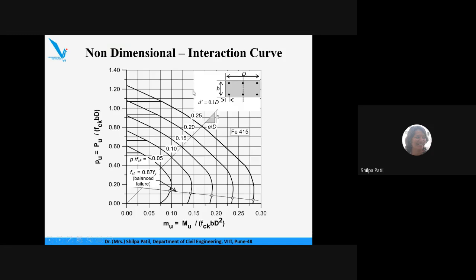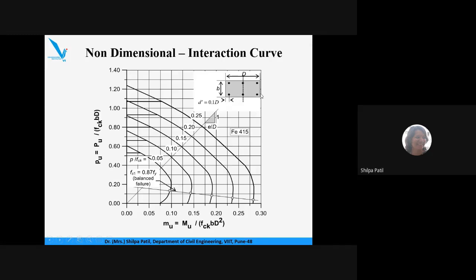Now again, as I told, if we change fck, if we change fy value, obviously the interaction curve will change. It also depends upon how the reinforcement is provided inside the column, whether it is uniformly distributed along all the faces or provided only along two faces.